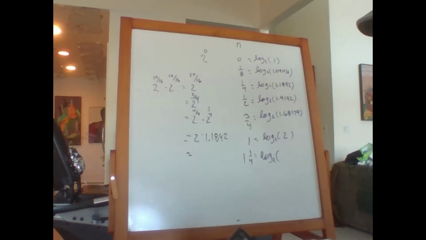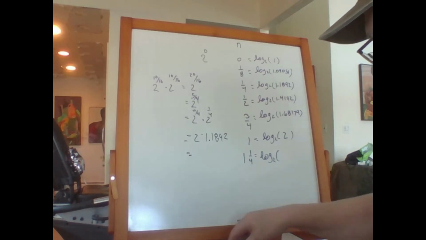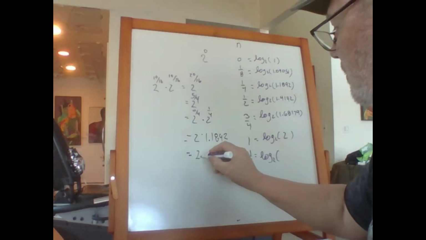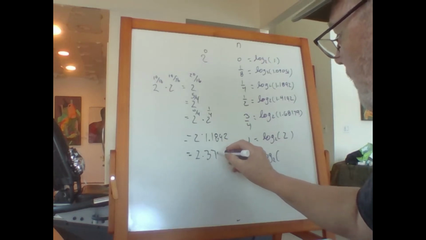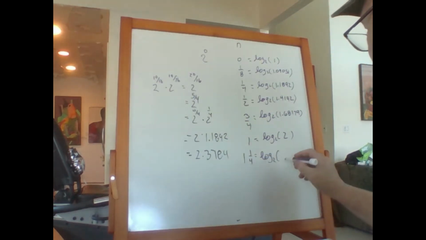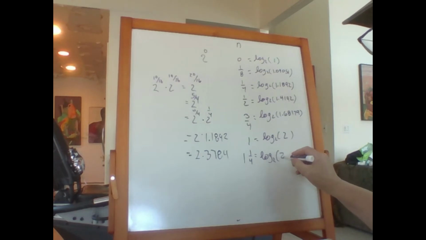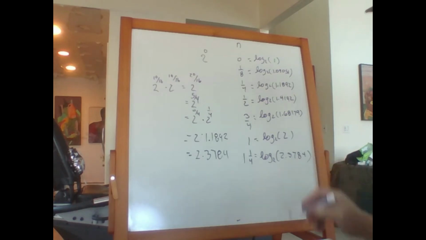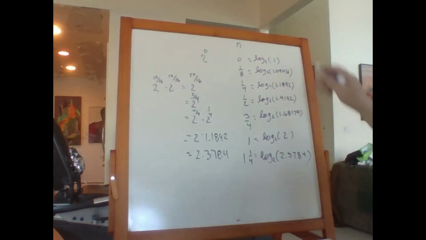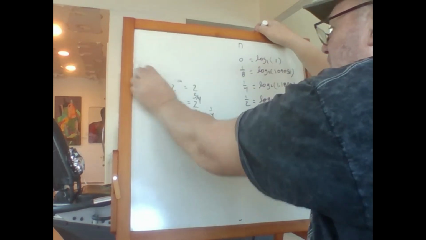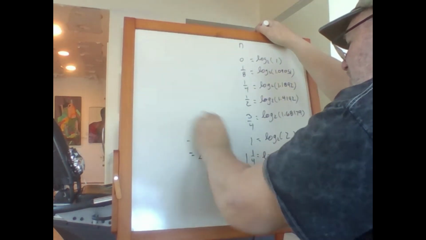So let's do that multiplication. 1.1892 times 2 equals 2.3784, and that's what this logarithm is, 2.3784, and so on. So now you can see how we can build our table of logarithms, going on and on and on.